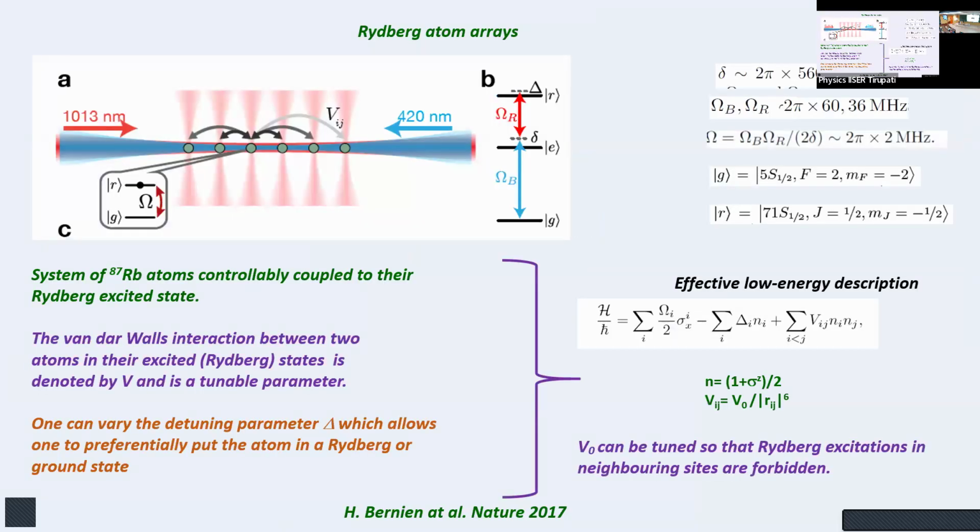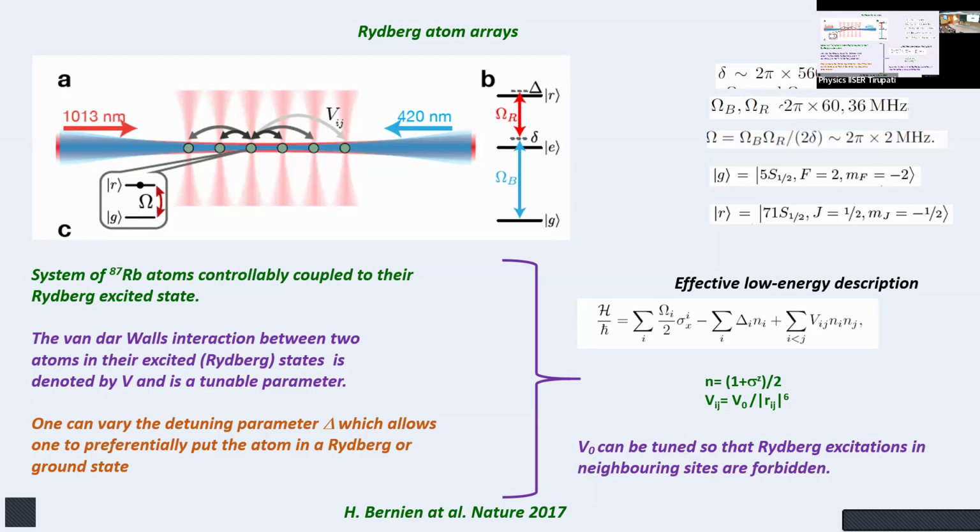Okay, so let me just go into these Rydberg atoms. So essentially, these atoms are another class of atomic systems which has caught the attention of a lot of people. These are 87 rubidium atoms coupled to their Rydberg excited state. What it means is these atoms have two levels, one ground and one Rydberg excited, with all the atomic details given here.